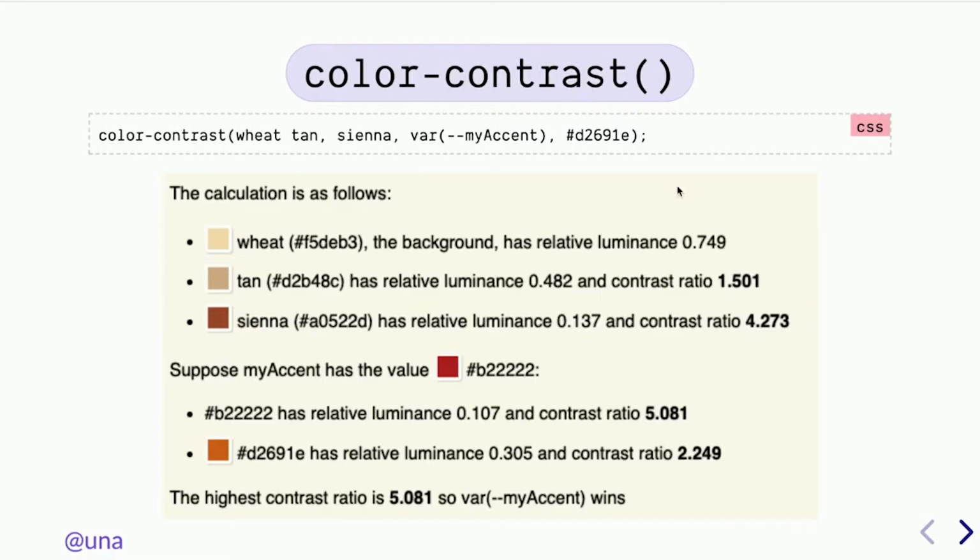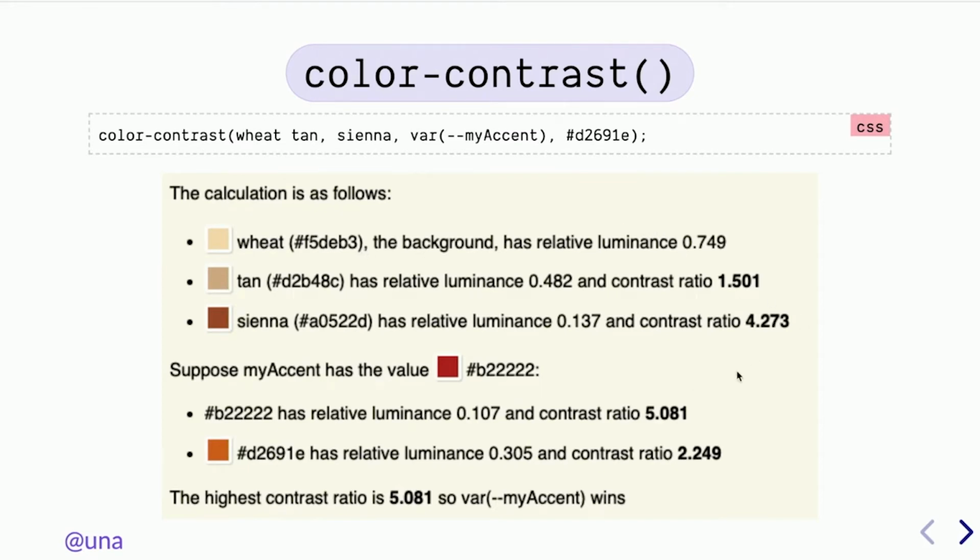There's also color contrast, which, as I was demonstrating in a sort of more hacky way, allows you to specify a color with the greatest contrast from a list of colors. So if we have a list of colors here, sienna, your accent color, this D2B, which is this tan color, you're looking for the color which has the greatest contrast ratio with the color that you put first.